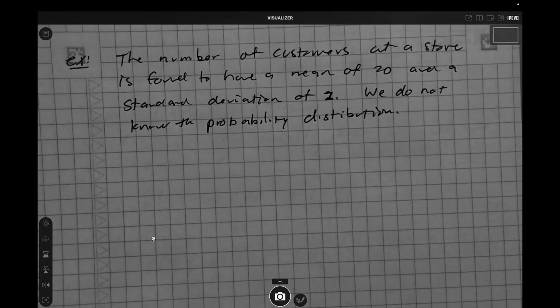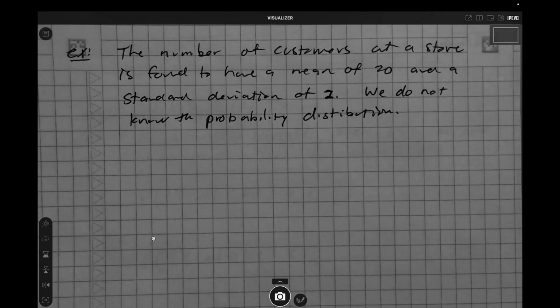Meaning, for our random variable y equal to the number of customers at a store, we can't tell you precisely what the probability distribution is. We do know that empirically we identify a mean of 20, and we tend to see a standard deviation of about 2.